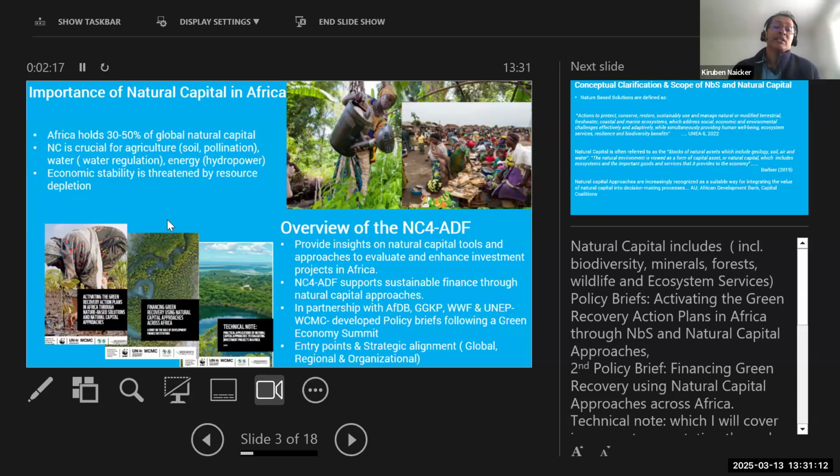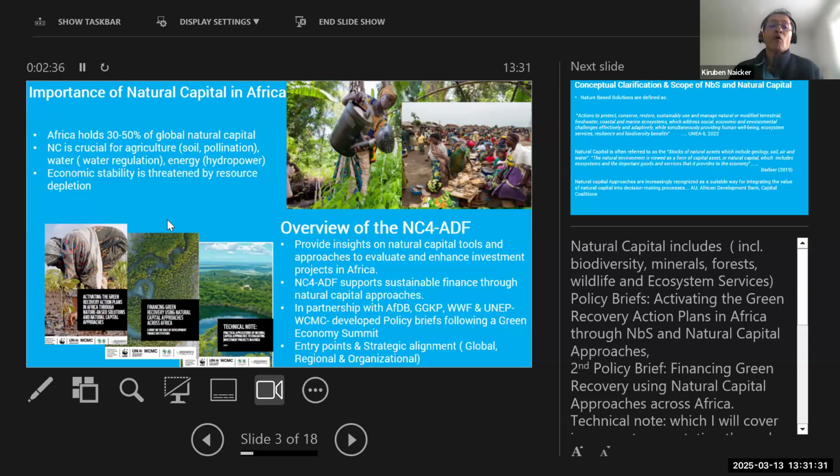And there are many, many initiatives, but one flagship initiative is the Natural Capital for African Development Finance, which provides insights on natural capital tools and approaches to evaluate and enhance investment projects in Africa.